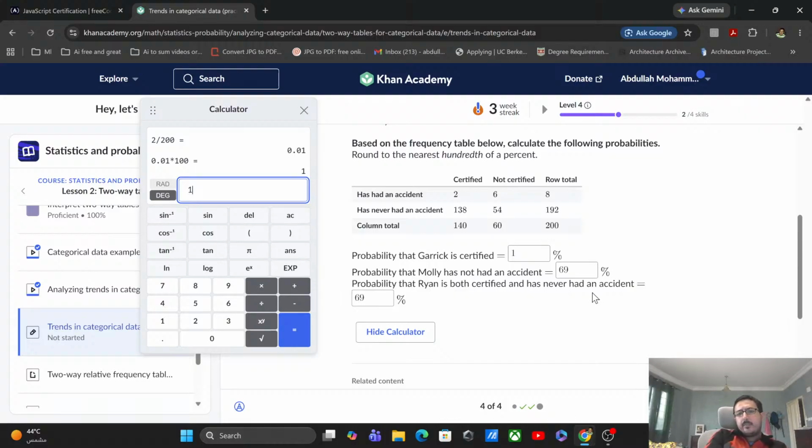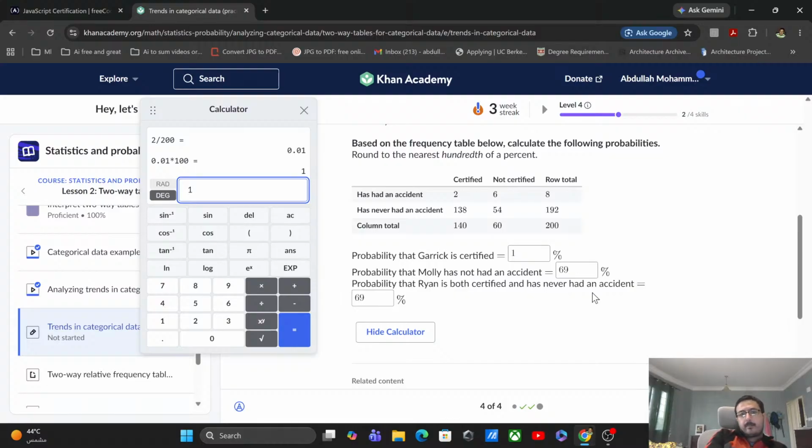Probability that Garrick is certified. He has an accident. He had an accident. Probability that he is certified: 1%.